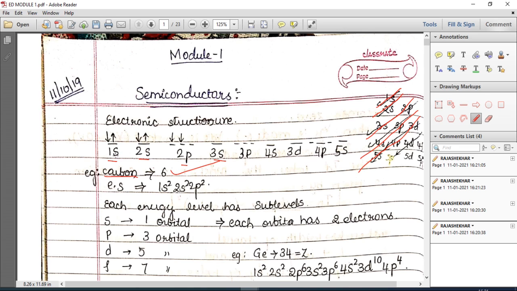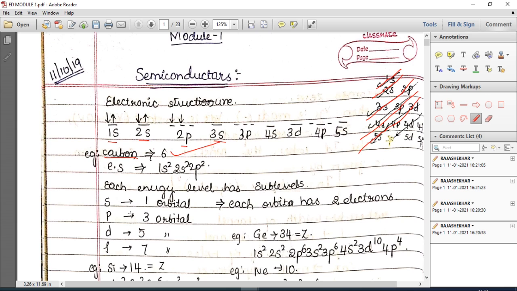Here the first orbit holds 2 electrons, and p holds 3 orbitals, then d holds 5 orbitals, and the last, f, holds 7 orbitals. These are energy levels and the sub-levels for the given electronic structure. So s holds 1 orbital, p holds 3 orbitals, d holds 5 and f holds 7.